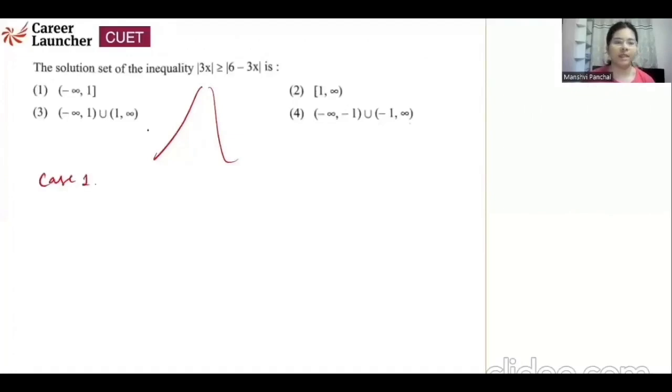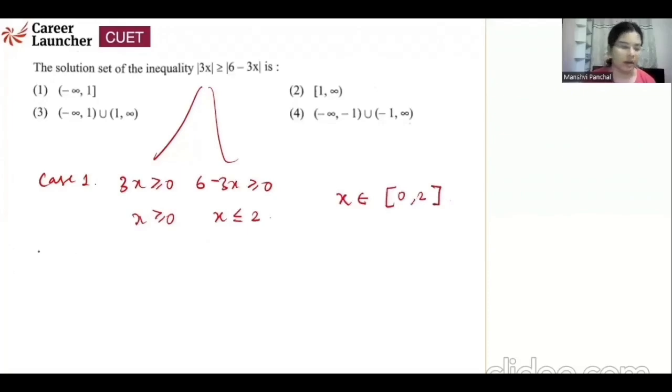Case 1 will be that both the expressions are non-negative. It means 3x ≥ 0 and 6 − 3x ≥ 0. This implies that x ≥ 0 and x ≤ 2. Right? So for this, x will belong to [0, 2].